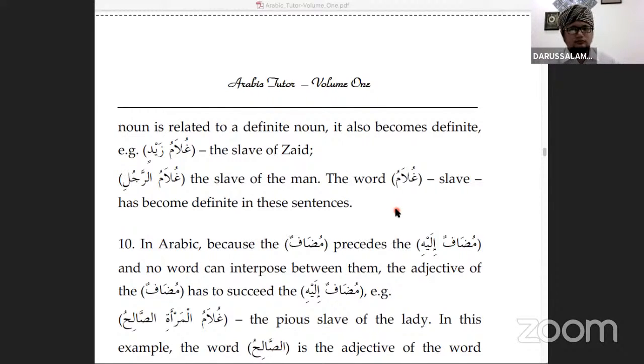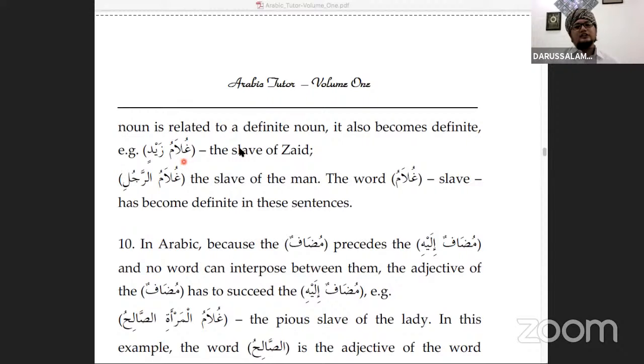Ismul alam. Very good. Ismul alam, or in English we say proper noun. In Malay, kata nama khas. Okay. So because the mudaf ilayh here is ma'rifah, ghulam will also become ma'rifah.